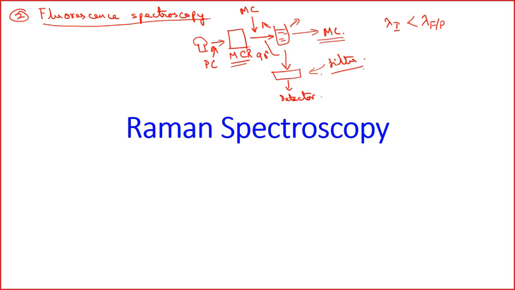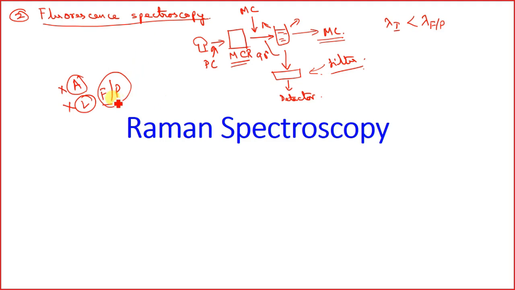Now, when we talk about Raman spectroscopy, it is basically not about absorption spectroscopy. It is not about luminescence. Why luminescence? Because both fluorescence and phosphorescence together are regarded as luminescence.